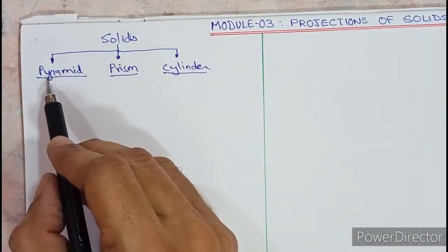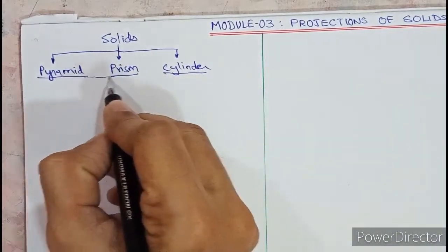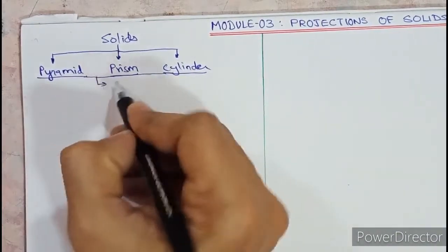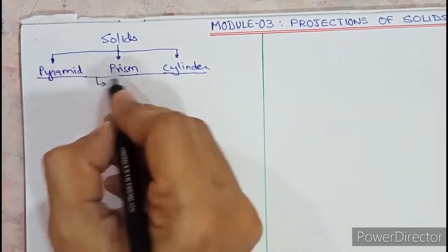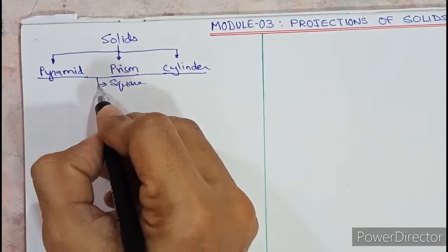Now the pyramid, the prism or the cylinder can be any of the following shapes. It can be a square prism or a square pyramid.